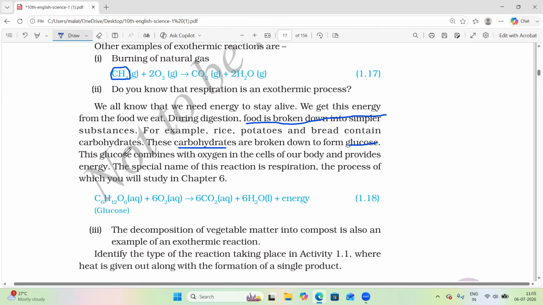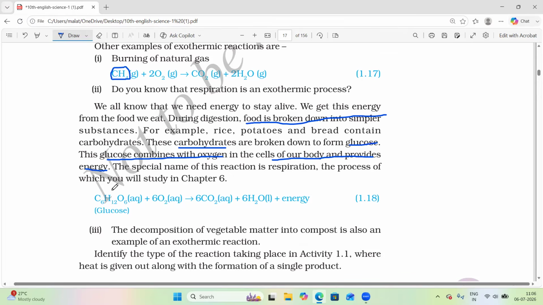Then this glucose combines with the oxygen in our body and produces energy, right? So when we take food, we get energy because of all these processes. After eating, the food is broken down into small pieces. Then it liberates the carbohydrates in your body. The carbohydrates break down to form glucose. That glucose again combines with the oxygen and releases the energy.